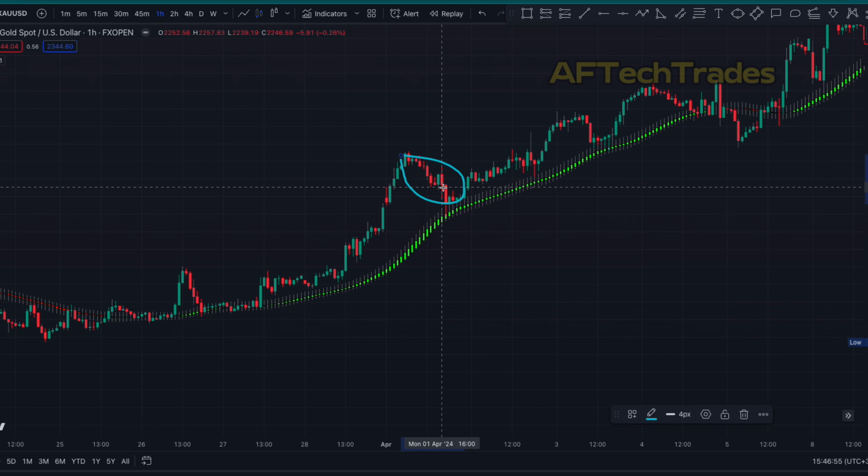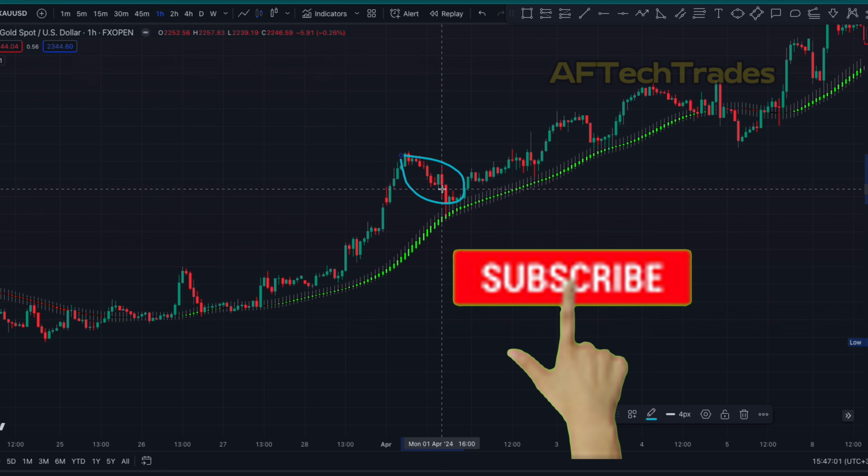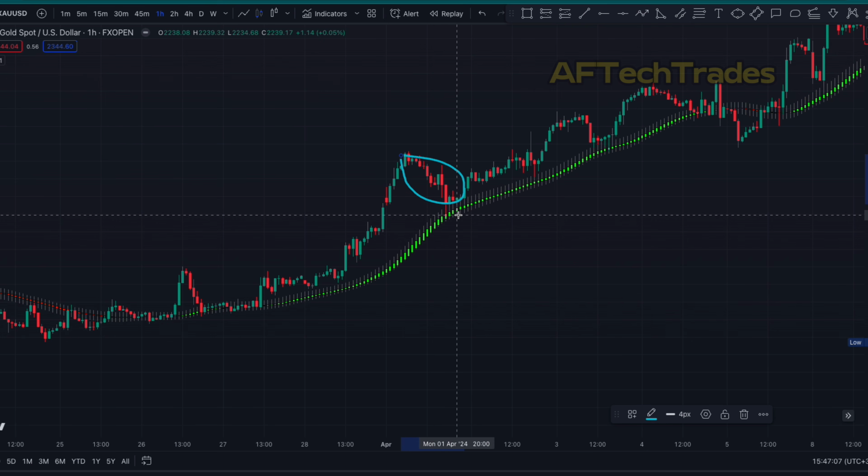But because this downtrend did not change anything in the market, the smoothed Heikin Ashi indicator did not change its color. It still remains green. So one thing you can use this smoothed Heikin Ashi indicator for is to know the market trend at that particular moment.